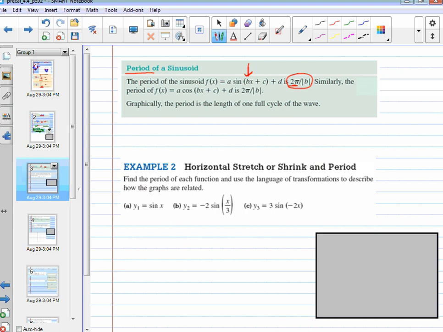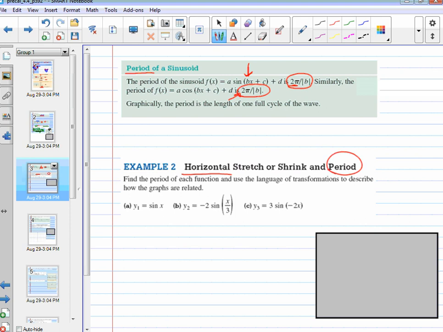Whether it's sine or cosine, both of them have the same formula because both of them have the same normal period of 2 pi. And depending on what that b number is, stretched or shrunk, the period changes, how long it takes to complete one cycle. So let's look at this horizontal stretch and shrink stuff, which we refer to as the period.